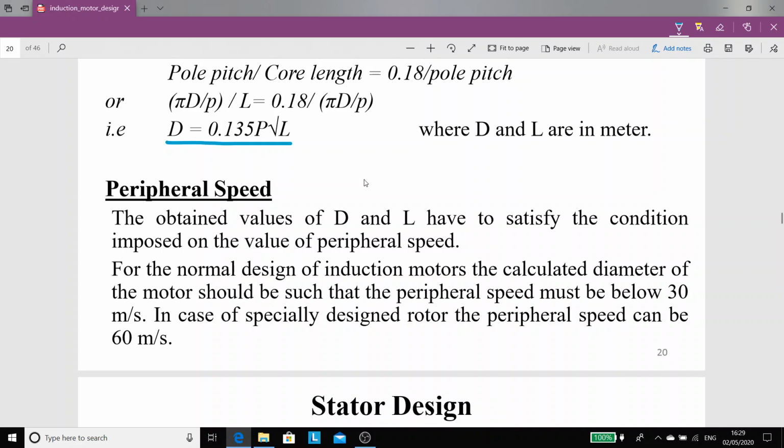Your specific electric and magnetic loading you select yourself, the constraints are the same, your peripheral speed should not exceed 30 meters per second, and say the overload capacity required is very normal, it should not require very high overload capacity. For a general purpose motor we have to design it, so you have to refer to standard design handbooks, references in the literature, and apply your logic.